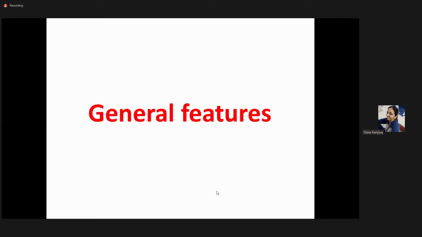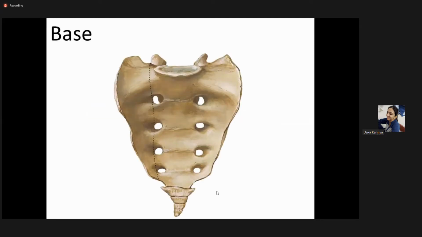Now let us see first general features, and then we will see the important attachments on the sacrum. So this is the base. Base lies above. It is formed by the upper surface of the first sacral vertebra. This whole one is called the base of the sacrum. Central part, its anterior margin, is shown in white color.